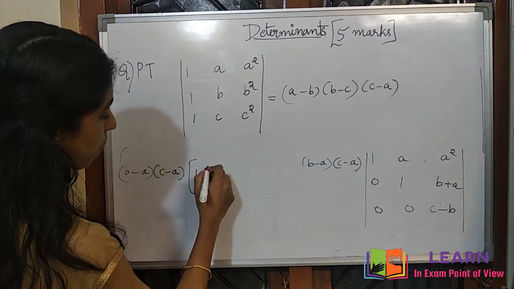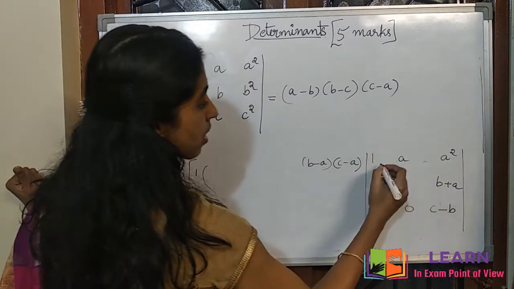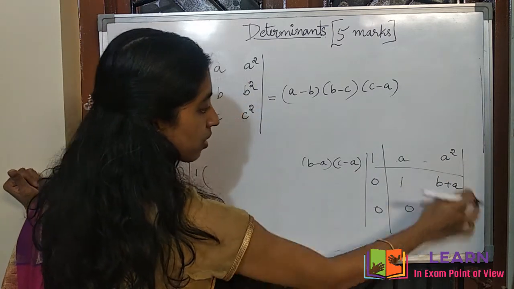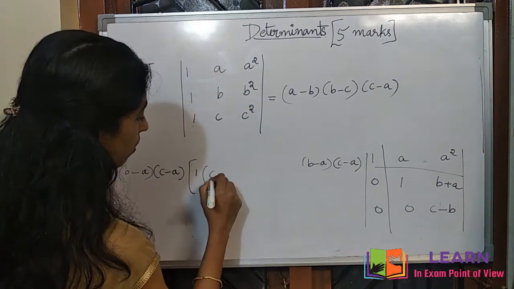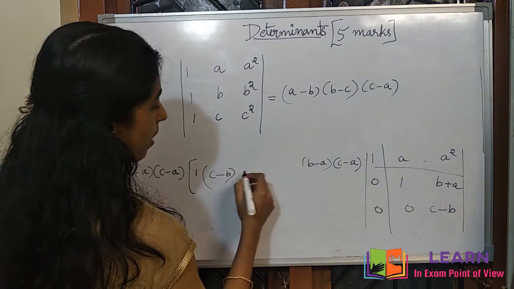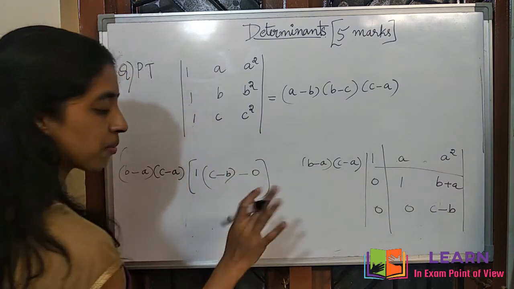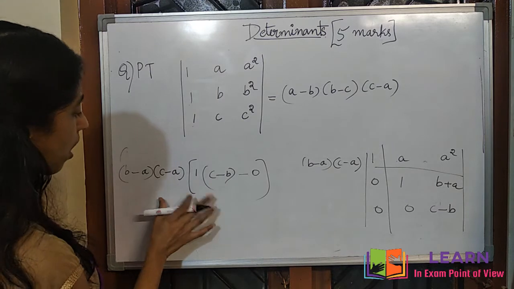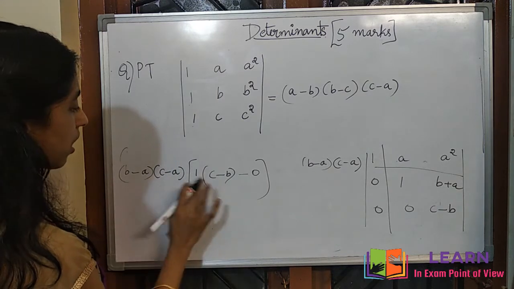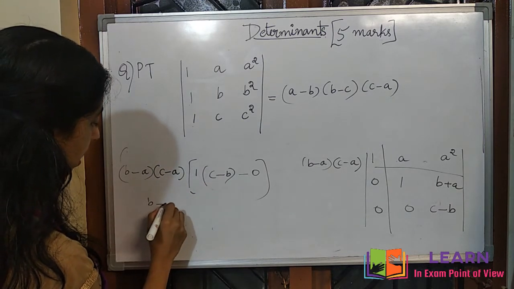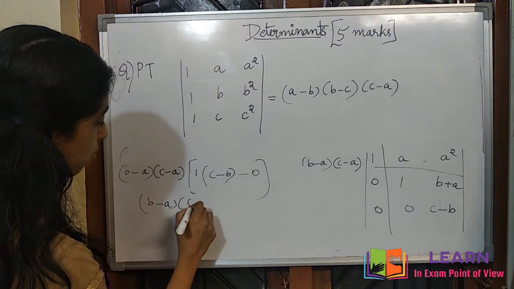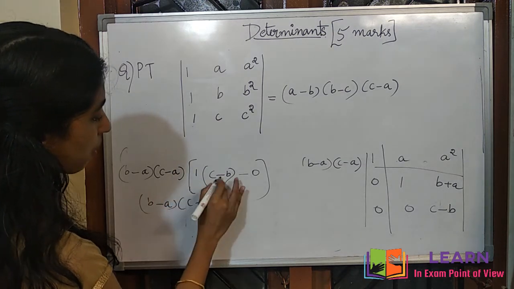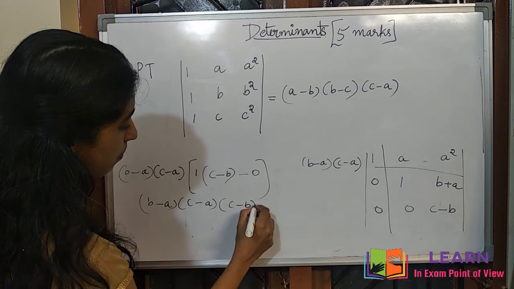Only one element, 1 into its corresponding minor, this element c minus b into 1, we have c minus b. Minus 0 into any term, just put it as 0. Now we got these terms: b minus a into c minus a, and one more term, c minus b.